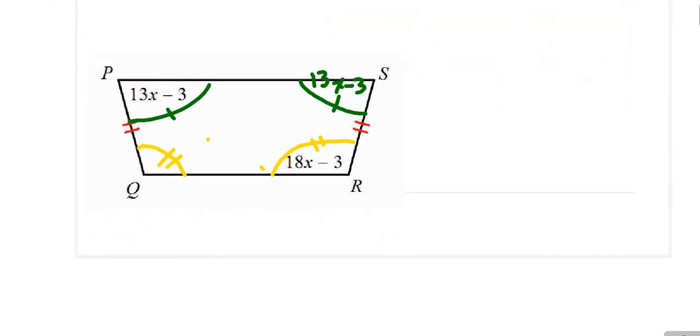So, of course, here we have parallel lines, which means that these two angles have to add up to 180. And then you solve.